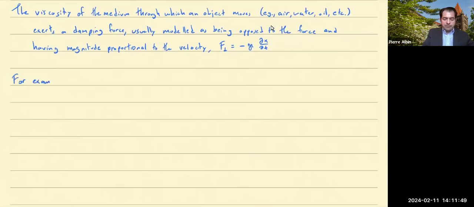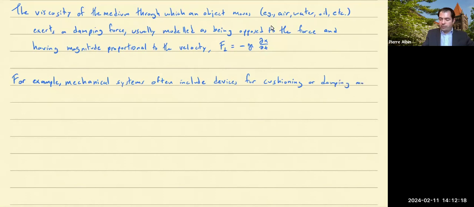For example, mechanical systems often include devices for cushioning damping movement, known as dashpots.